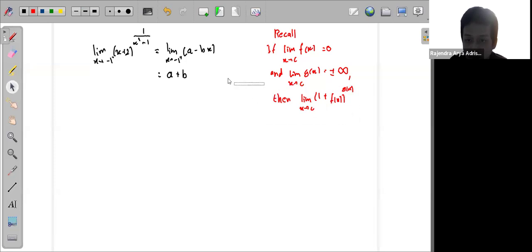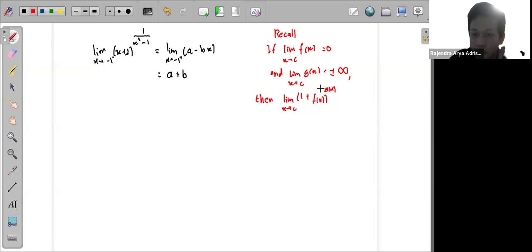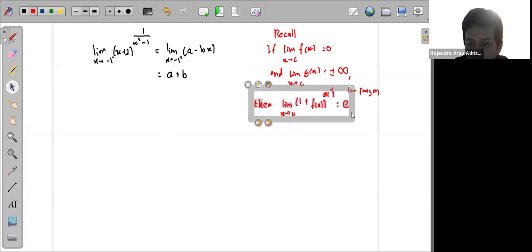Let me shift this a bit left. This will equal e, the Euler number, to the limit of f times g.